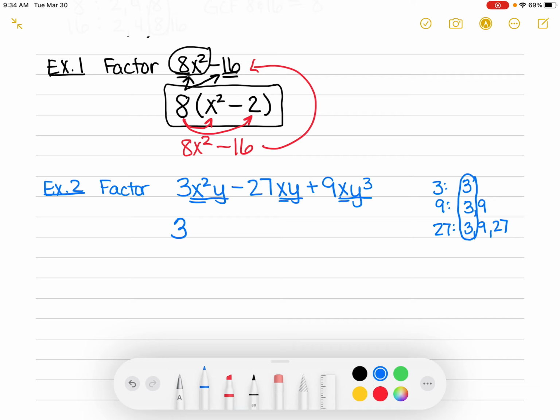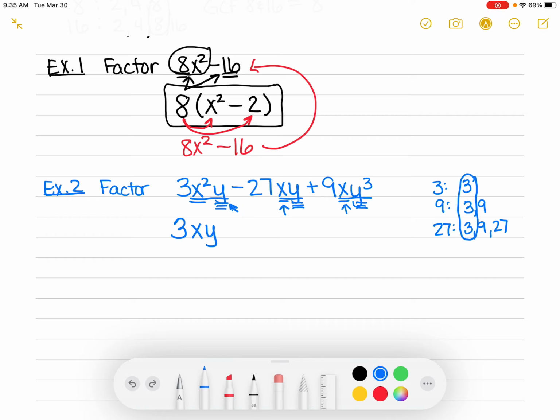So I'm only going to be able to take out an x, not an x squared, because these two do not have x squared to take out. They only have one x. So on these, you're really going with the lowest exponent. Okay, and then for y, I have a y here, and a y here, and then a y cubed here. So I'm only able to take out one y because I can't take out y cubed from here, right? Because there's only one there.